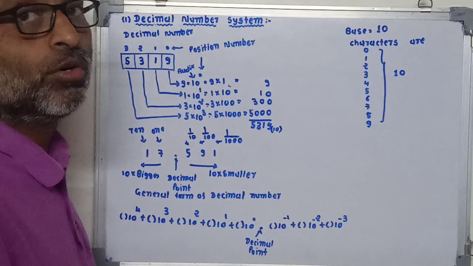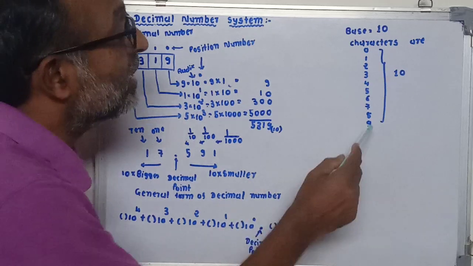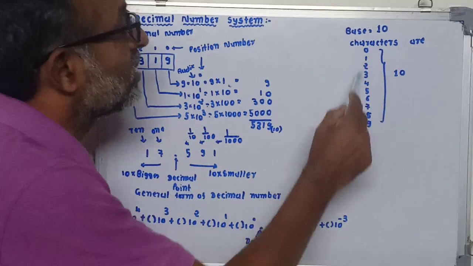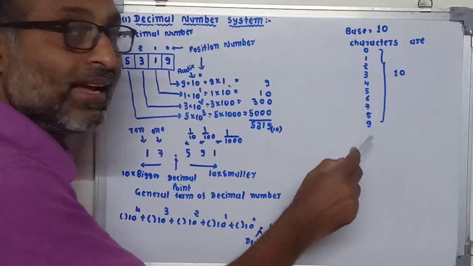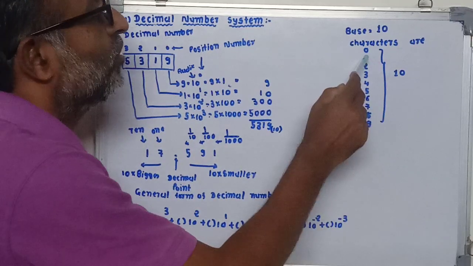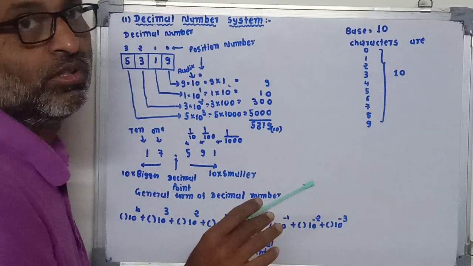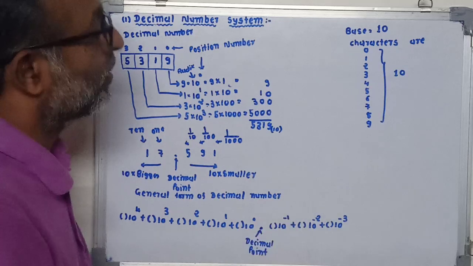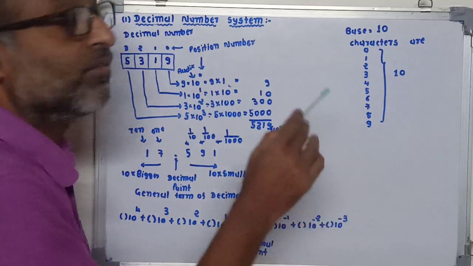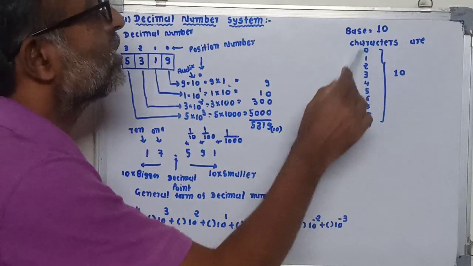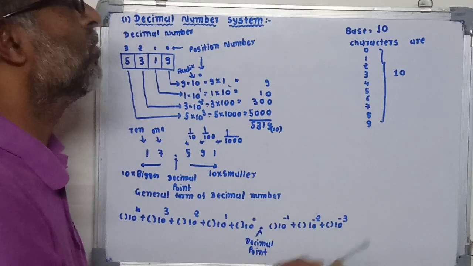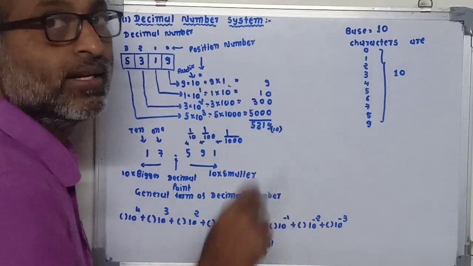So if we want to represent more than 9, at that time you can use a combination of these numbers. So after 9 it becomes 10. 10 is nothing but a combination of 1 and 0.